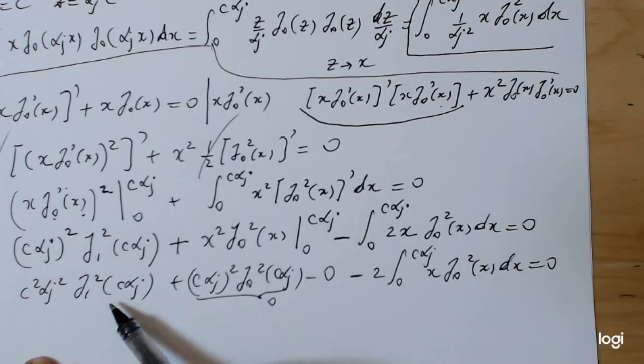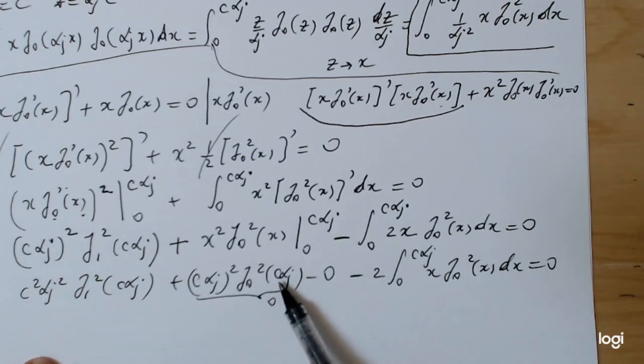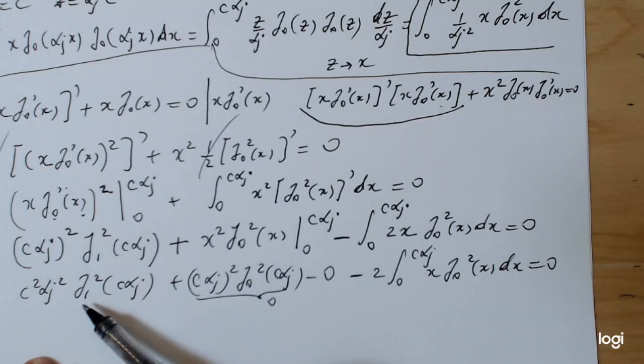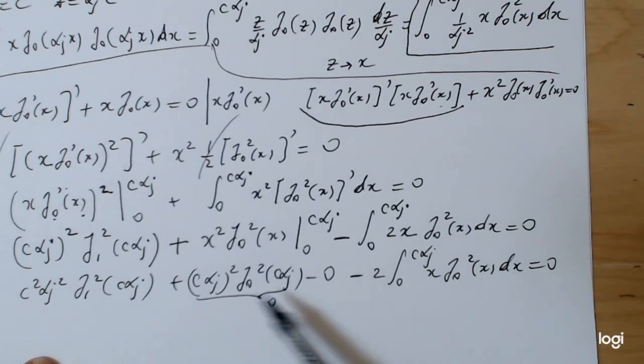The roots of Bessel functions don't overlap between functions of different orders. So alpha j is the root of J naught of c alpha equals 0, but those roots will not make 0 for other Bessel functions of different order. This is of order 1, right? So you leave this as it is, because this is not going to be equal to 0. Just this one is.